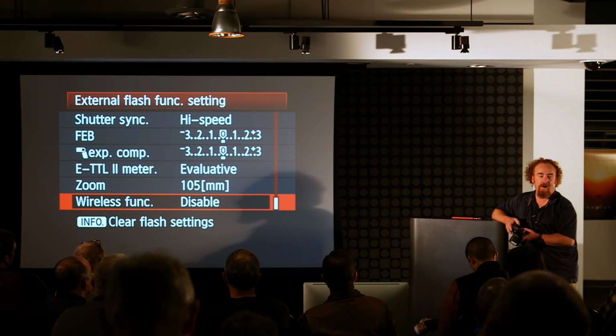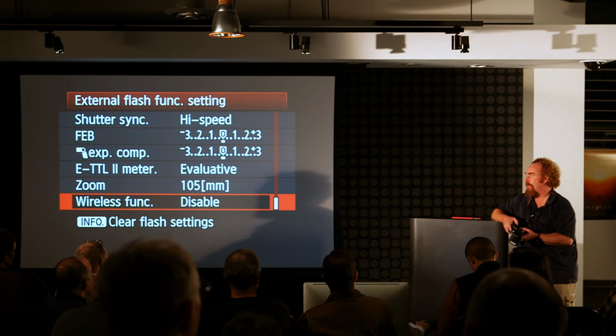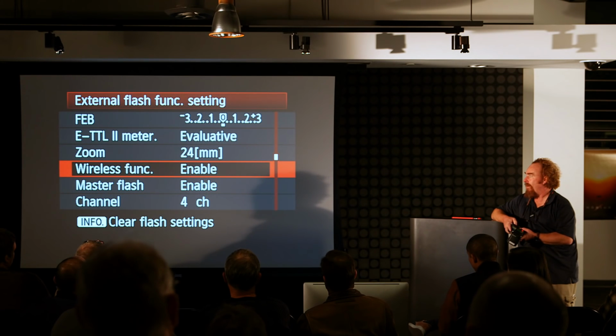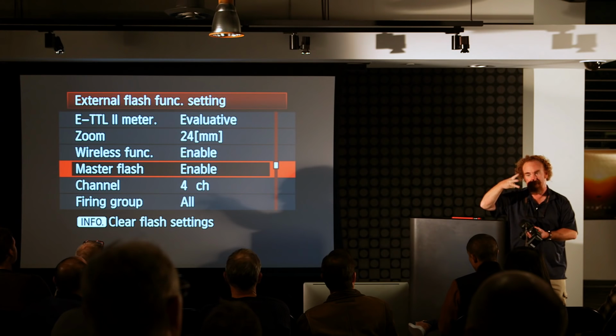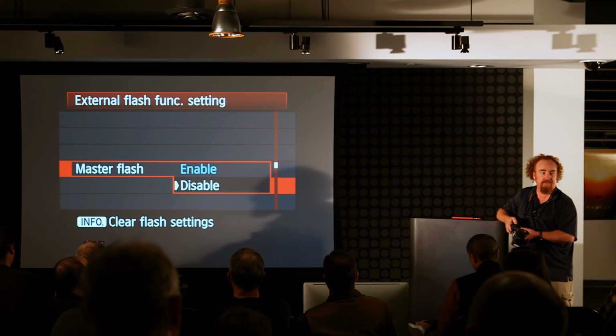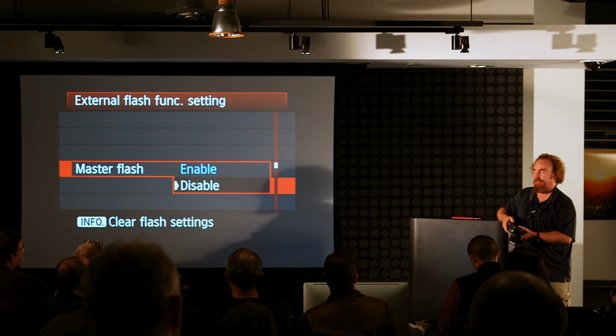Now, this is why everyone, I think, should use this system. Because you run down here and you turn on wireless, and all of a sudden, you don't have to worry about whether this is enabled or disabled. It literally says, as you can see on the screen, master flash, enabled or disabled, in the language of your choice, in the middle of the night, without your reading glasses.